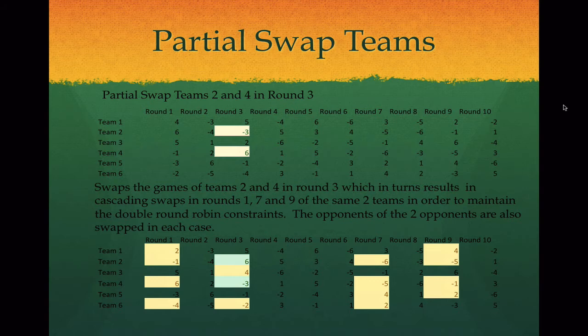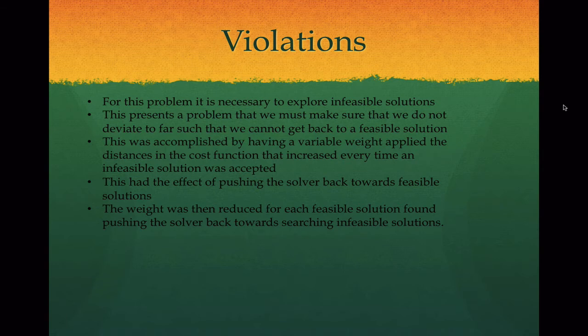What you do in partial swap teams is you take a round and you swap 2 teams. Now this also has a cascading effect in that you must swap the opponents of these 2 teams, and then they must swap the opponents of them, and so on until you get back to a cycle and the schedule is repaired again.